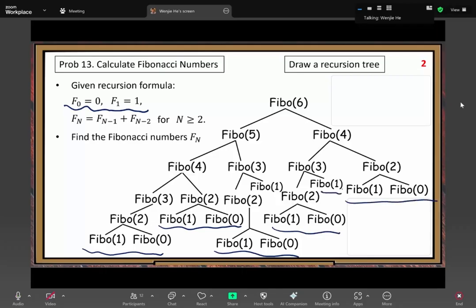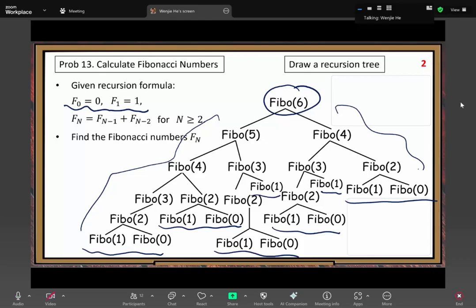Then you can do the calculation. So you have the values, so you can find the other values. But here you can see, in order to find the value of Fibo of 6, you need to store all these intermediate results in your stack.